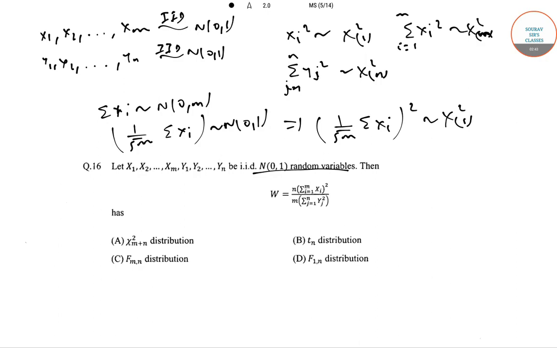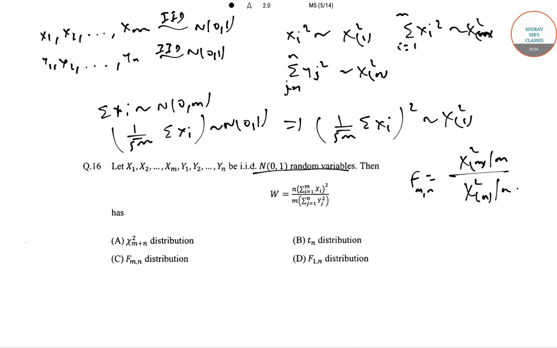Now we know that the F distribution with degrees of freedom m and n is equal to chi square with m degrees of freedom divided by m, whole divided by chi square with n degrees of freedom divided by n.